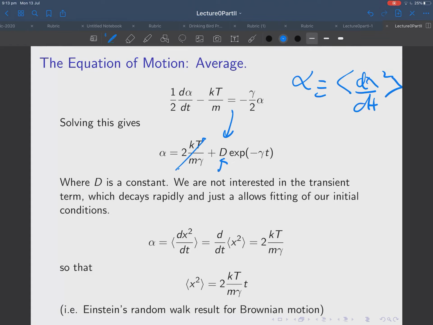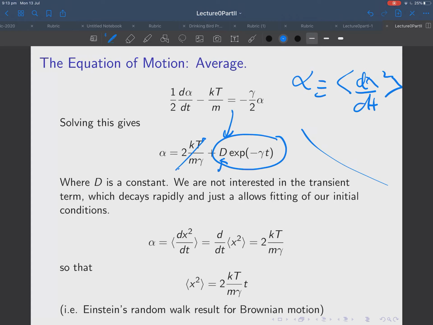Okay, we're not normally interested in this particular term because it's the transient initial term for our particle, and it decays rapidly. So it's going to zoop like this, decays away rapidly. So we can just ignore that term. Okay, and so in the long term, what happens is that alpha is just equal to d x squared dt.